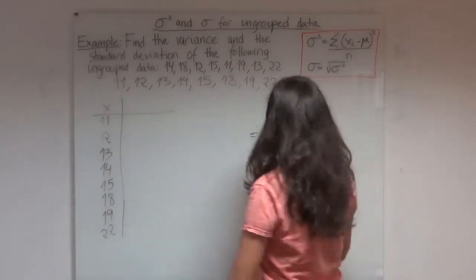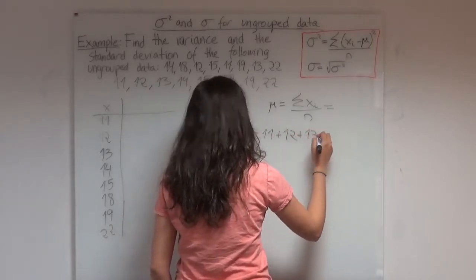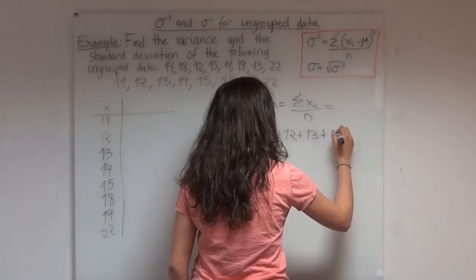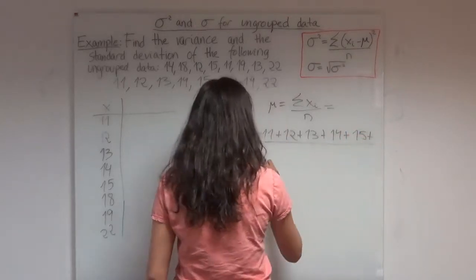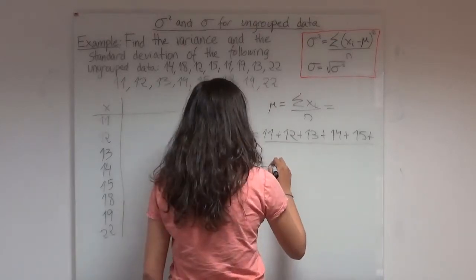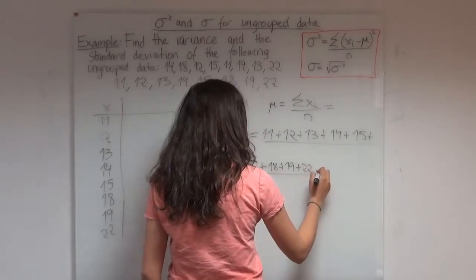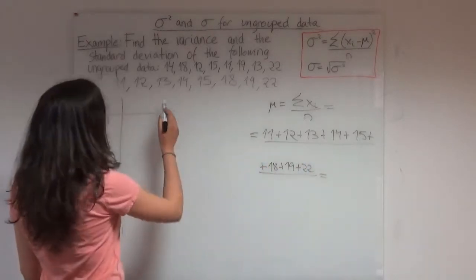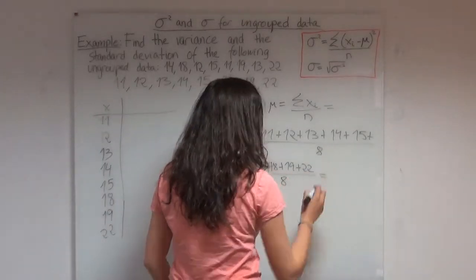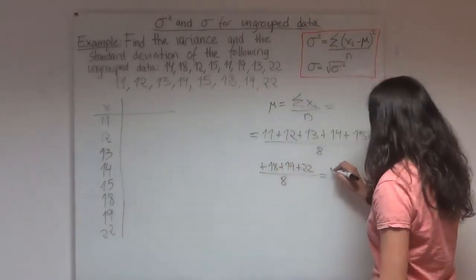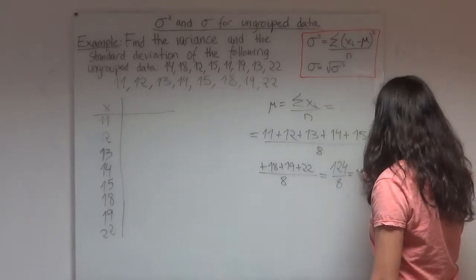And this is going to be equal to 11 plus 12 plus 13 plus 14 plus 15 plus 18 plus 19 plus 22, and all of this is going to be over 8. We have 8 values. And this is just 124 over 8, which is equal to 15.5.